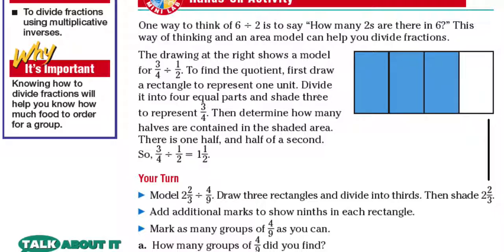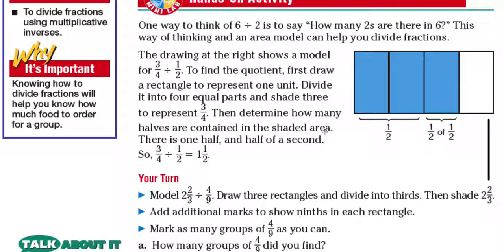Divide it into 4 equal parts, and then shade 3 to represent 3/4, and that's what we have there. Then determine how many halves are contained in the shaded area. You know that this is 1/2 of the rectangle right here, and this is 1/2 of the rectangle. So if this is 1/2 of the rectangle, this particular area right here represents 1/2 of 1/2.